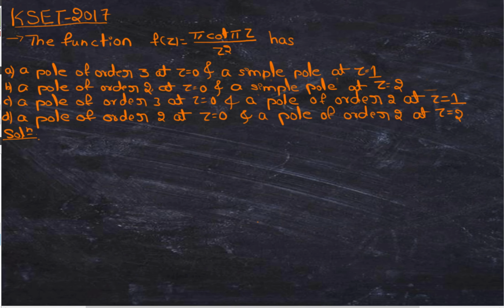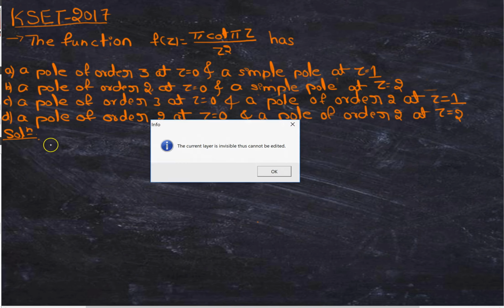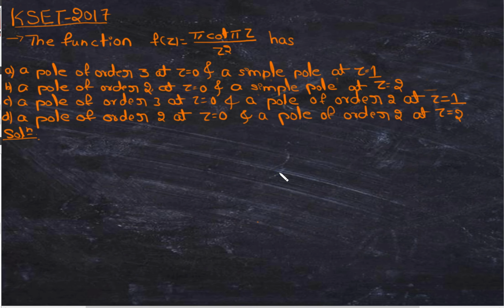After that we check whether each is a simple pole or double pole, etc. The given complex function is f of z equal to pi cot pi z divided by z square.